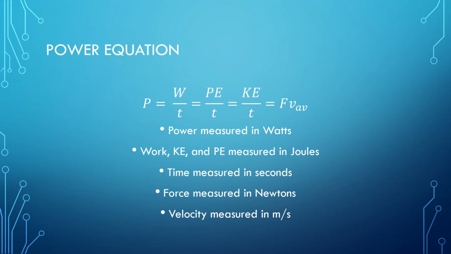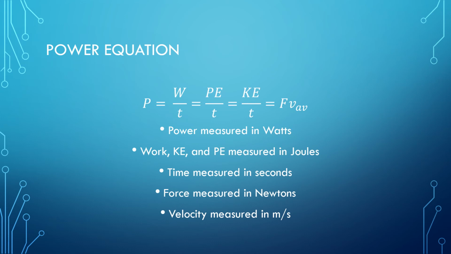For power, there are several different equations because we said power is energy over time. And we talked about 3 different forms of energy: work, potential energy, and kinetic energy.